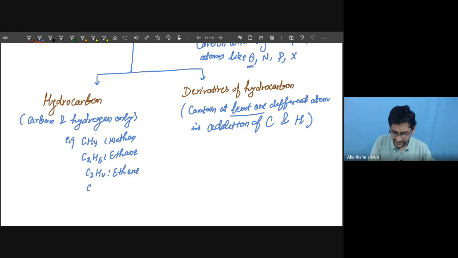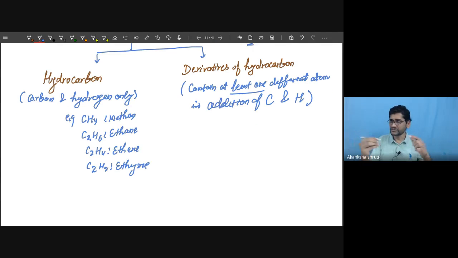If we write C2H2, it is called ethyne. So the number of hydrogens is reduced going from ane to ene to yne, because carbon-carbon bonding is increased. These are the examples. A compound containing carbon and hydrogen is called a hydrocarbon.